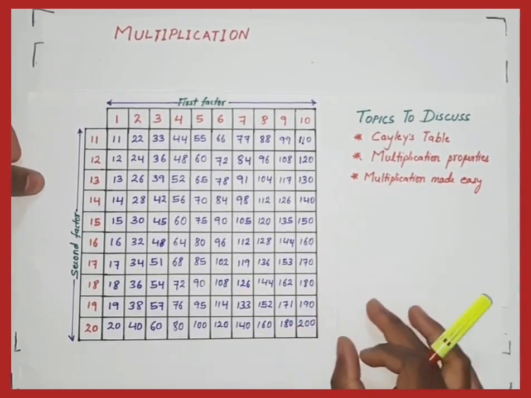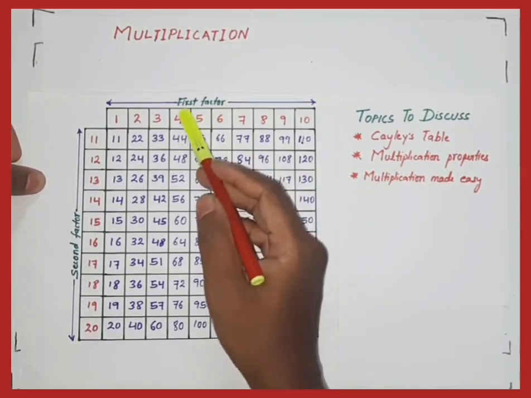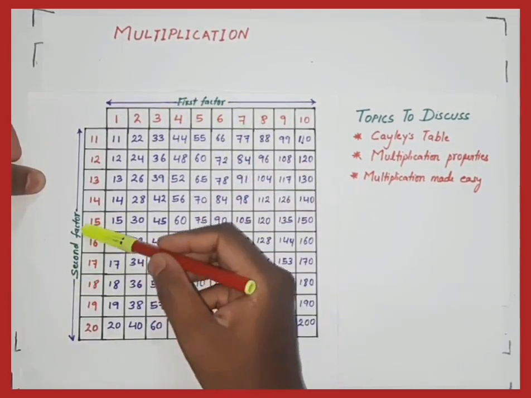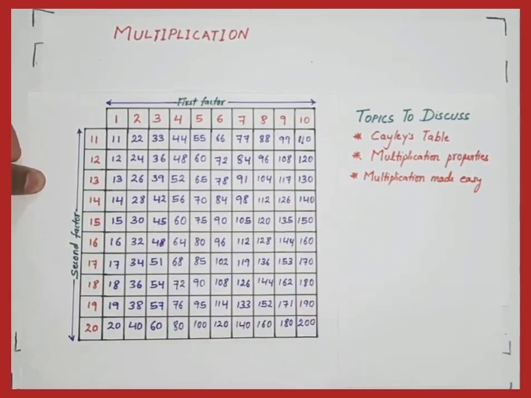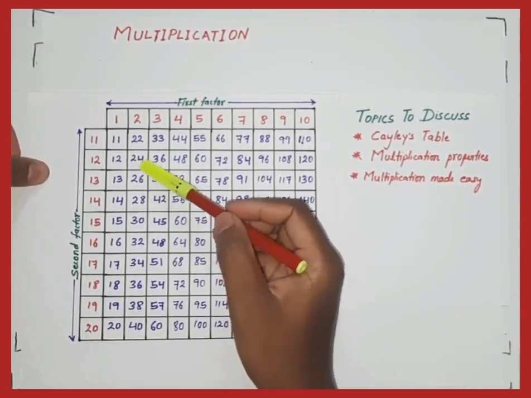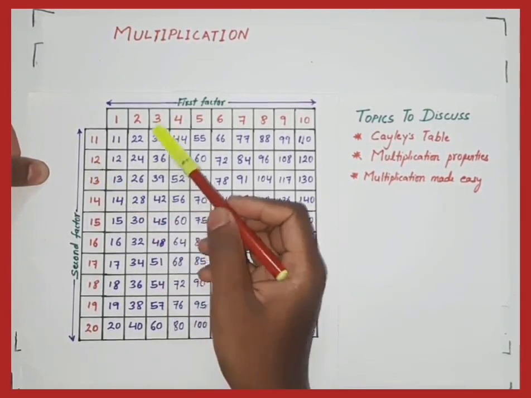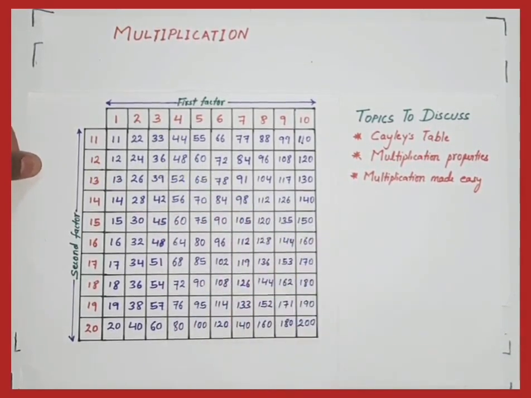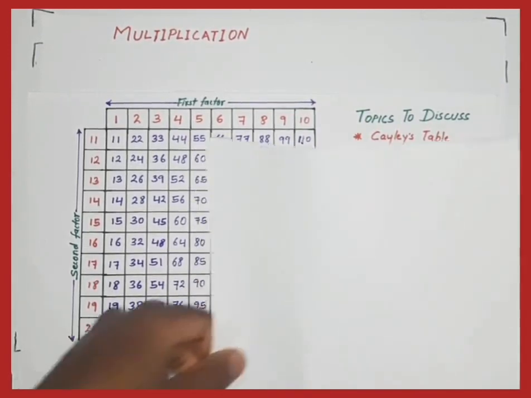So here, what does this factor mean? You have written here first factor, second factor. What does it mean? Factor means multiplicands. Like what are the factors for 36? 12 and 3 are the factors for 36, isn't it? Not only 12 and 3 are the factors for 36.